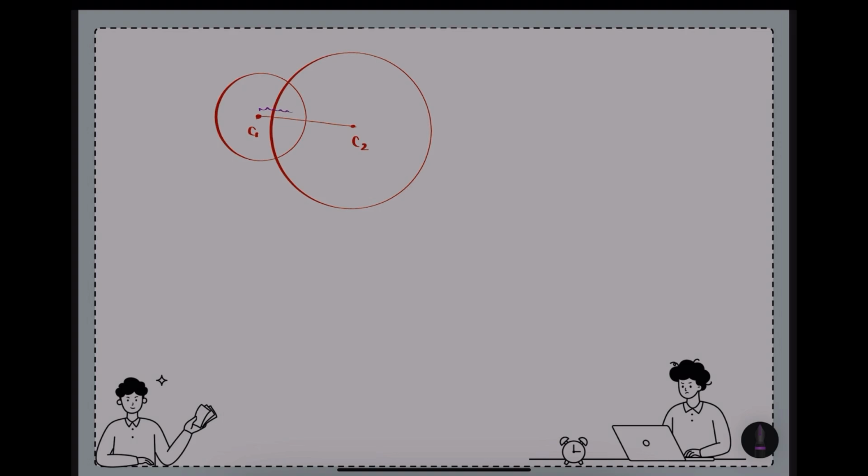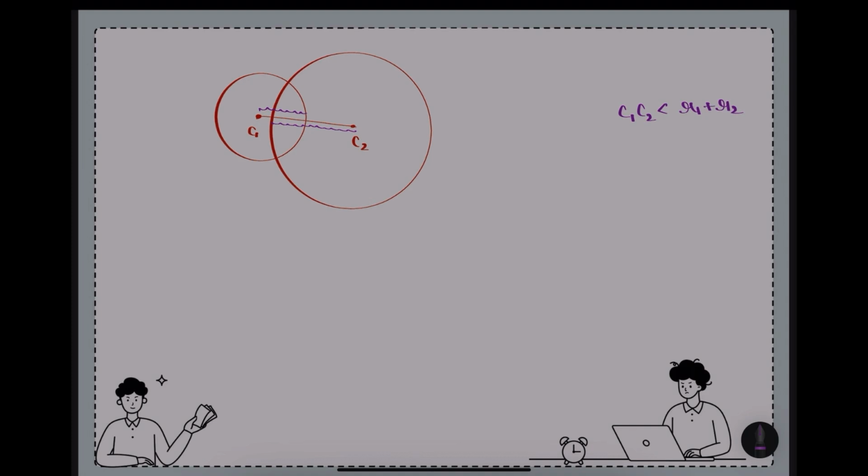This is radius 1. This is radius 2. Now don't you think that the sum of the radii will be greater than the distance between the centers? Correct? So can I say that C1C2 is smaller than radius 1 plus radius 2?